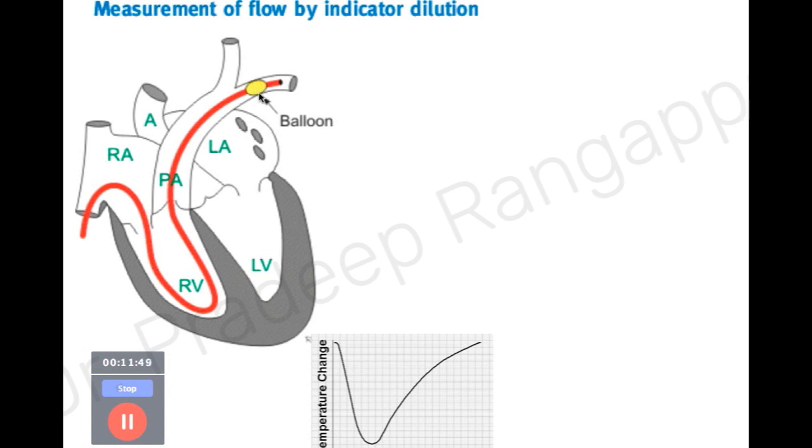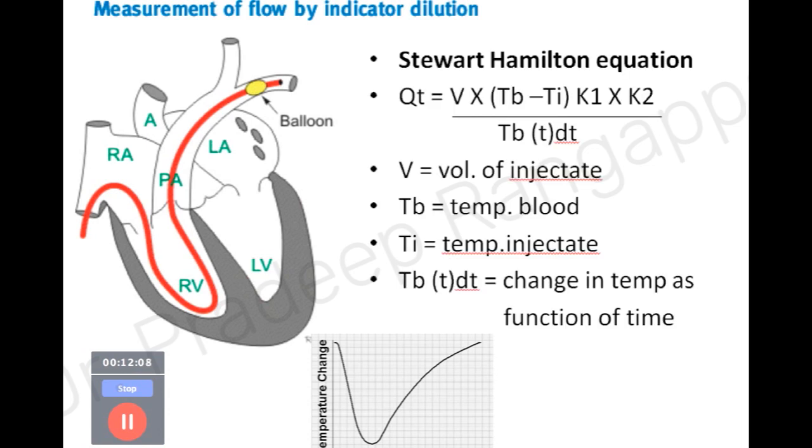The whole concept of thermodilution is you inject cold saline into the right atrium, and you see the change in temperature as a function of time, for which a thermodilution curve is created. Then there are certain arithmetical equations that are used to determine the cardiac output.